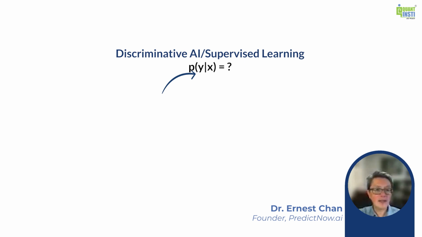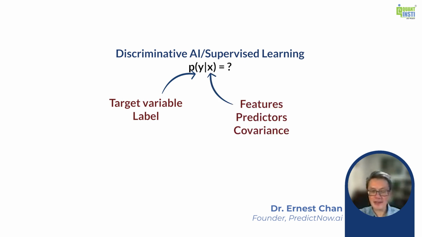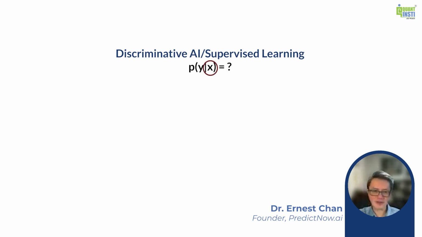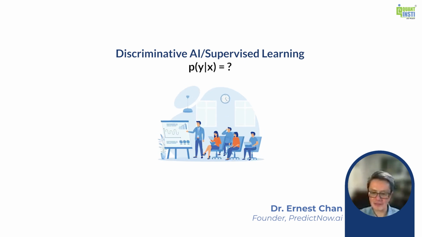Y is what we call the target variable or the label, and X is often called the features, the predictors, or the covariates. If we know X, we're supposed to be able to predict Y with some probability. That's what all of us have been taught machine learning is, traditionally.